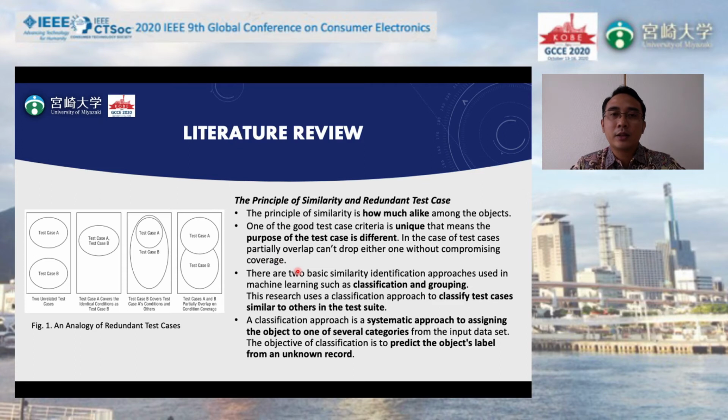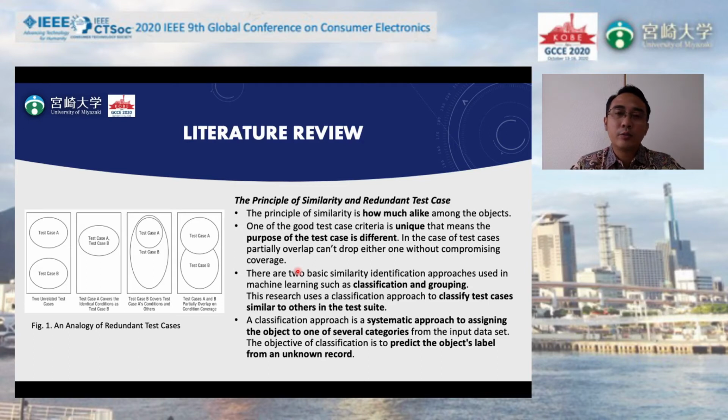This is the literature review. We use the principles of similarity and redundant test cases as follows. The principle of similarity is how much alike the objects are. One criterion of a good test case is that they have a different purpose. If test cases partially overlap, we cannot drop either one without compromising the coverage.